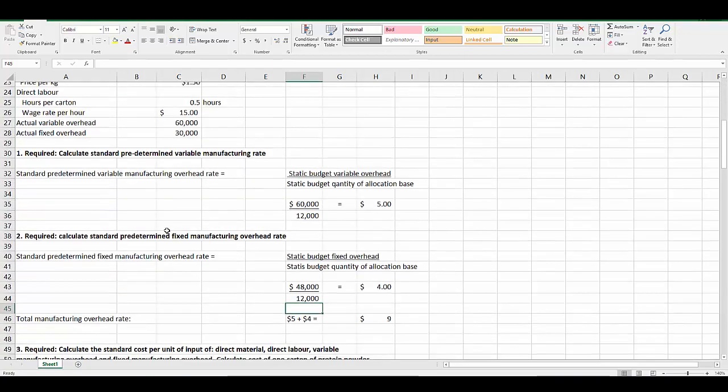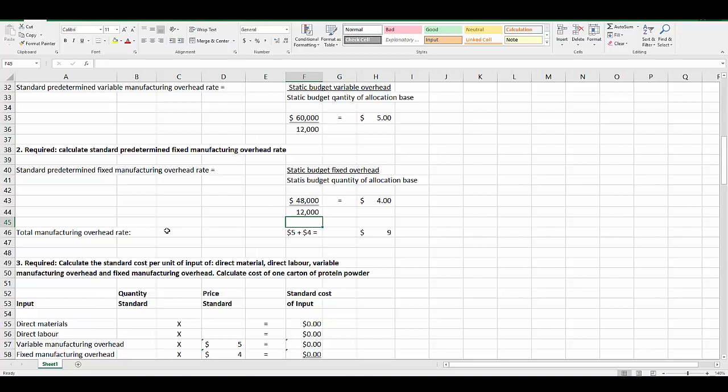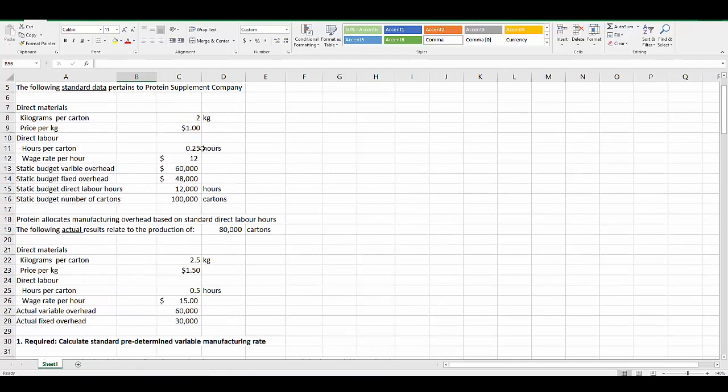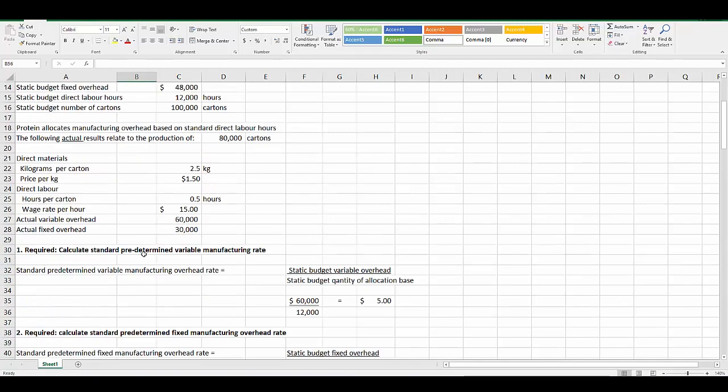So when we go down here now, we're going to be looking at our direct materials. So we are told that the quantity is 2 kilograms per unit, and we're told that the price of that should be $1. The direct labor, you are told that it is 0.25, so 1/4 of an hour per carton.